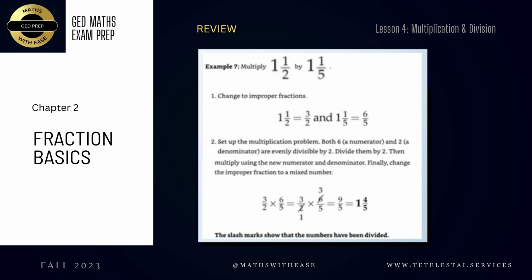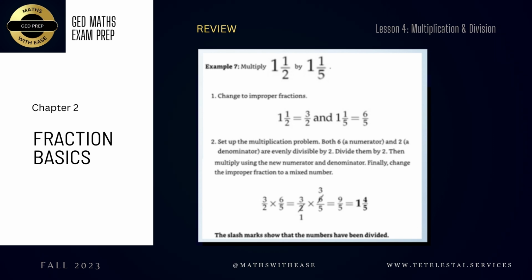So 1 1/2 is equal to 3/2. And then multiply 5 by 1, which gives you 5, plus 1 is 6. So 6/5 is your improper fraction for this quantity, 1 1/5.